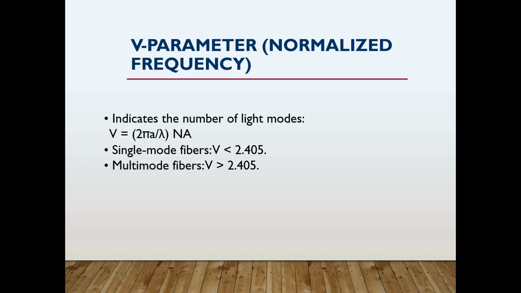A single mode fiber has a V parameter under 2.405, so it allows just one path for light, while multimode fibers support many paths for light and have a V greater than 2.405.